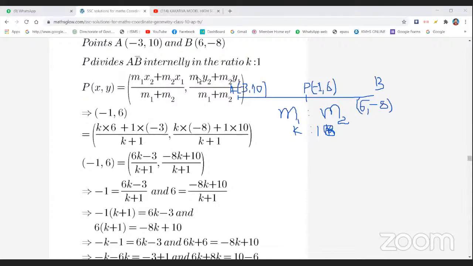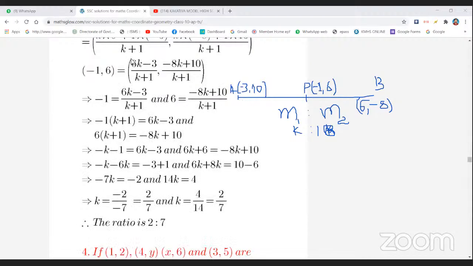Then we need to equate this formula. It is (6k minus 3)/(k plus 1), comma, (minus 8k plus 10)/(k plus 1). So we need to equate these coordinates. Minus 1 equals (6k minus 3)/(k plus 1), and 6 equals (minus 8k plus 10)/(k plus 1).